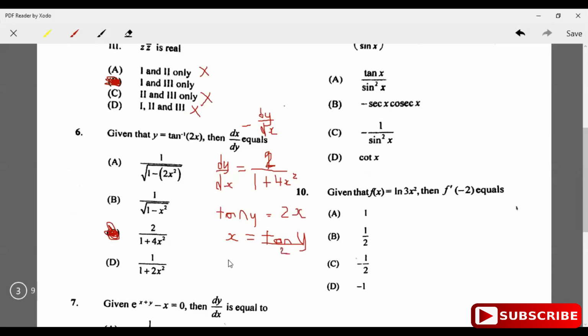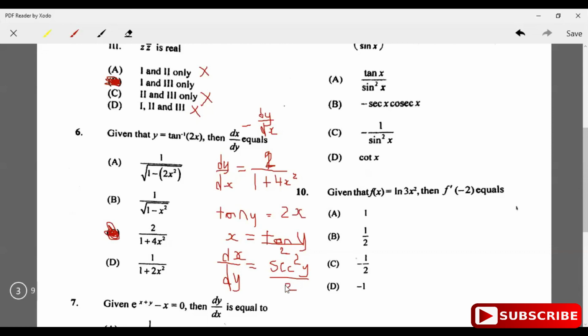Then I could differentiate with respect to y to get dx/dy, and dx/dy is equal to, when we differentiate tan, we get sec squared y over 2, and that option is not there.